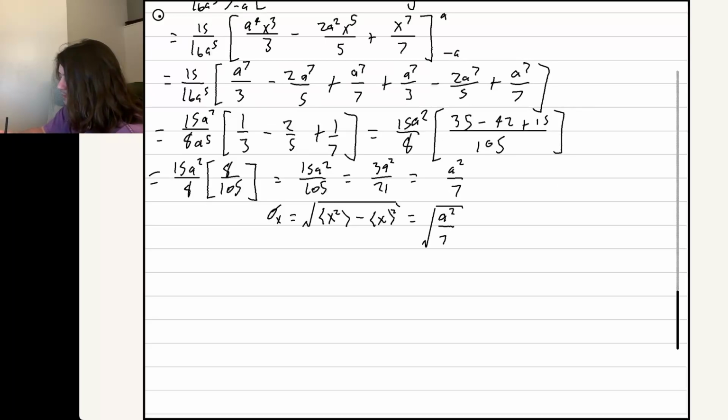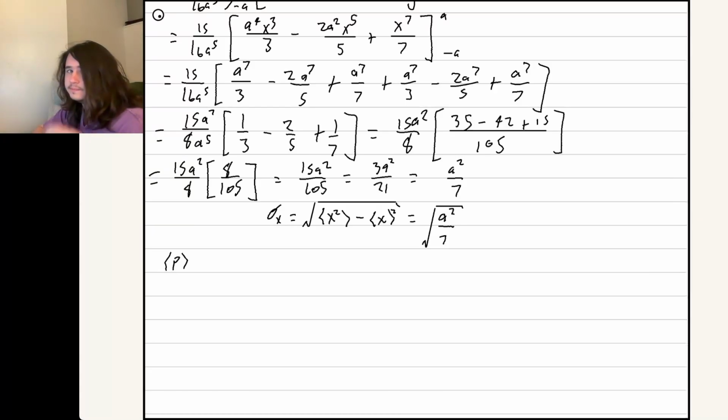Moving on to the expectation value of p. You can't use Ehrenfest's theorem for this because we found that the expectation value of x was 0. If it was non-zero, then we could just say it's m dx dt, because that's the definition of momentum in classical physics.